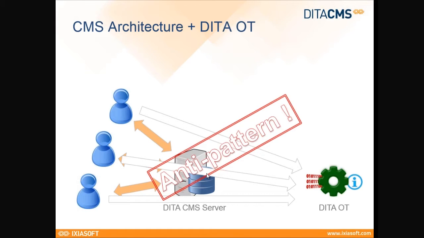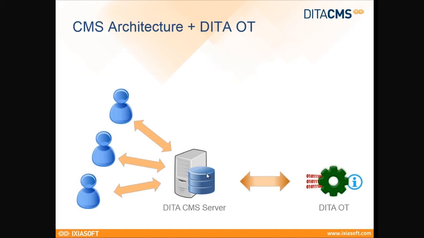I would say that's a bad idea. That is definitely not what you want, because the whole idea of a CMS, you have a system that provides that service for everybody. So what you do is you connect the CMS to the open toolkit. So that's the main idea, it's as easy as that.